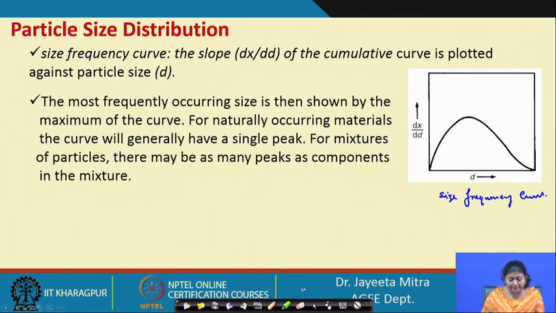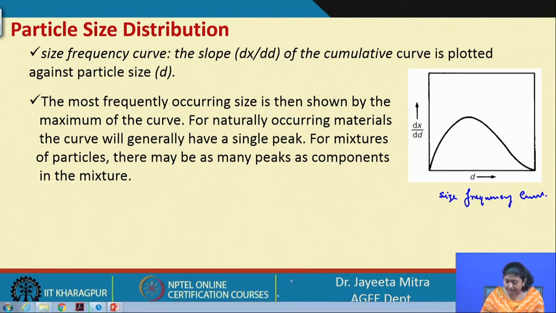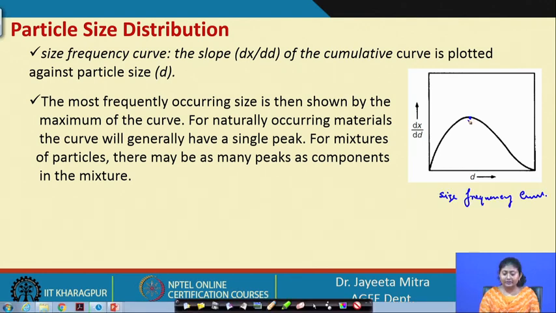There are many benefits of this curve. This can tell us many things. One is that the most frequently occurring size is shown by the maximum of this curve. Okay. So, the fraction we get at the maximum point, where the frequency is higher, means the particle size of this fraction will be the higher mass fraction in the whole distribution.